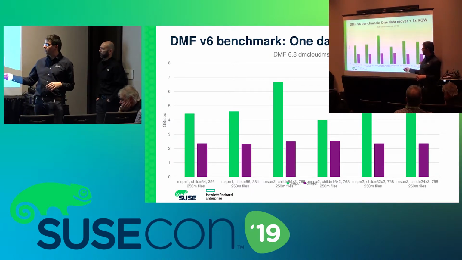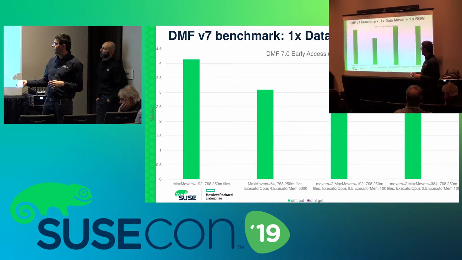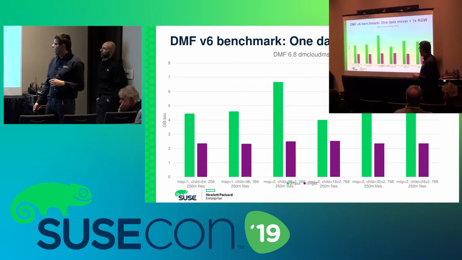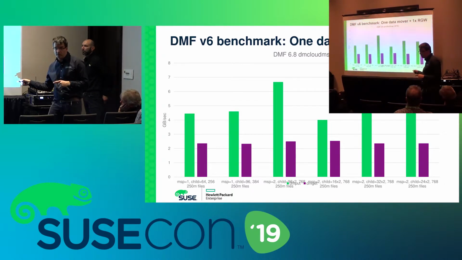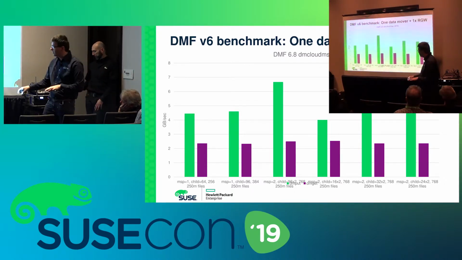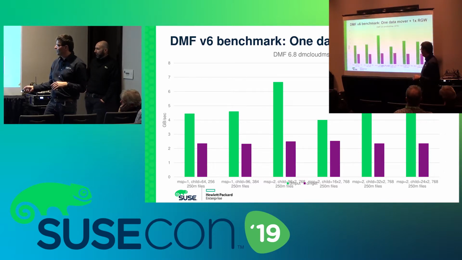We tested DMF version 6 and DMF version 7. I don't want to go into too much detail because first of all, I don't exactly know what those parameters were. Those are DMF internal things. The most important thing is that we're using S3 with 2 gateways.